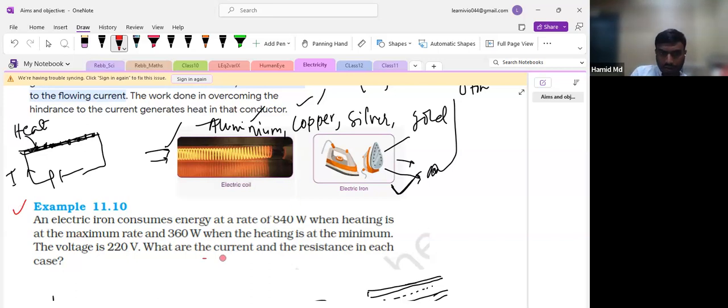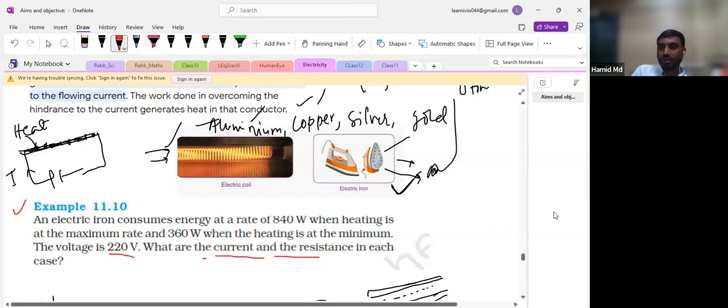What are the current and resistance in each case? We are given the voltage. An electric iron consumes energy at the rate of 840 watt when heating is at maximum and 360 watt when heating is at minimum.